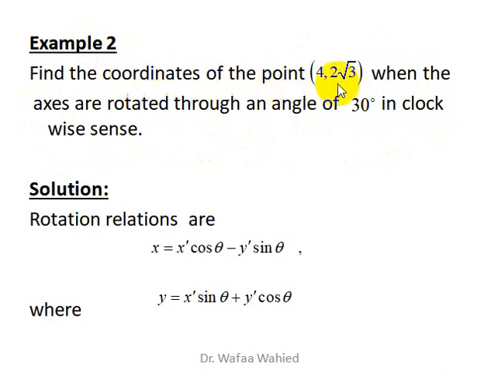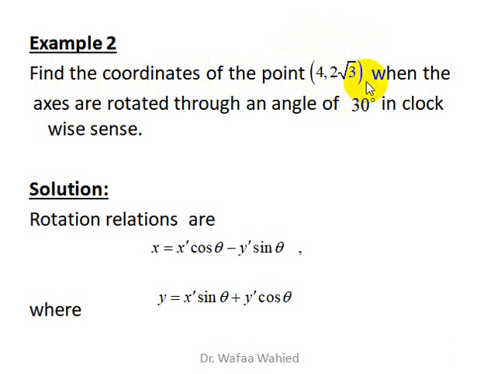Example: find the coordinates of the point (4, 2 square root of 3) when the axes are rotated through an angle of 30 degrees in the clockwise sense. We understand from this example that we will rotate the axes only by 30 degrees in the clockwise sense.